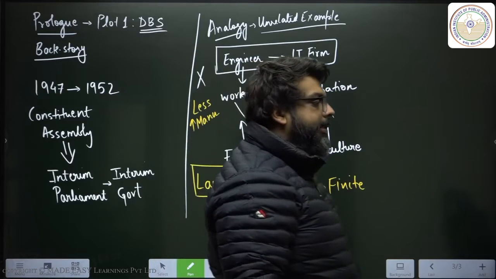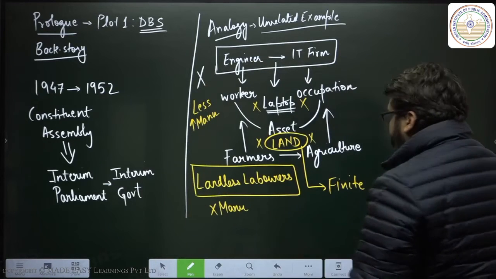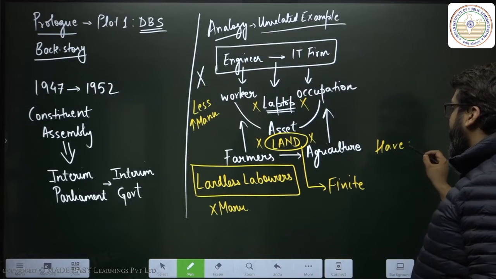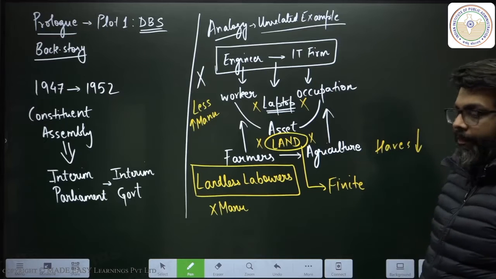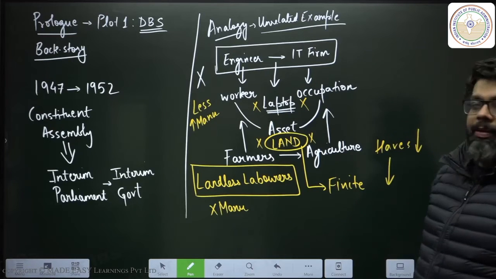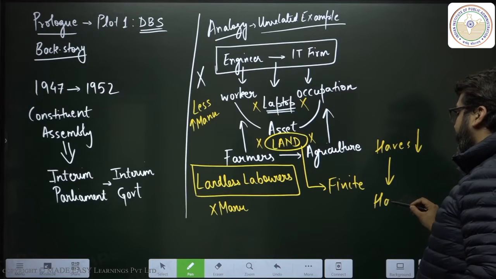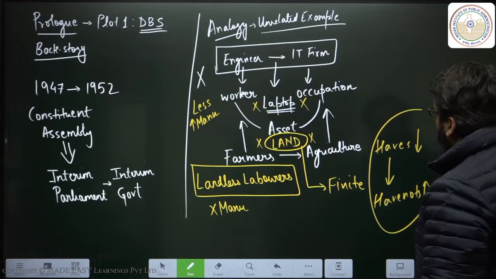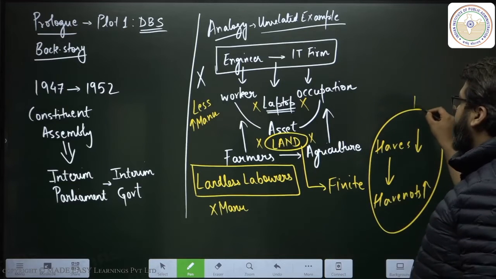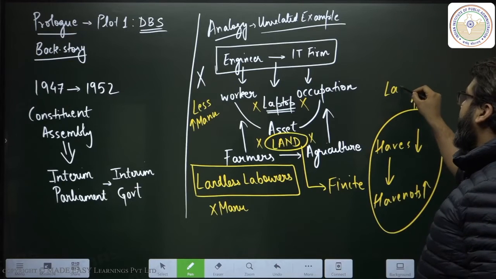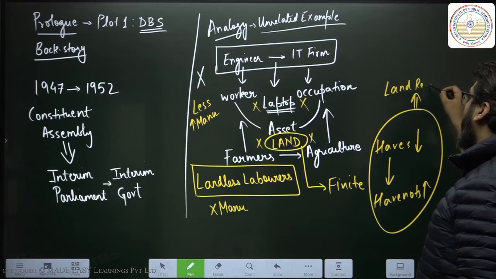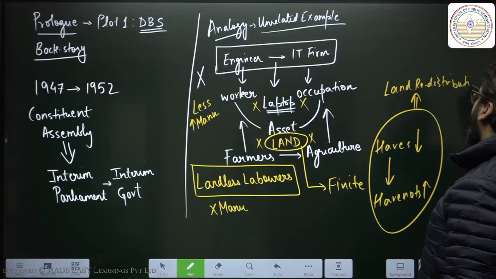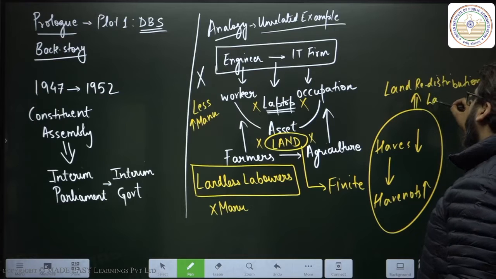It means the only option that you have is that from the people who have extra land, land must be taken from them and must be given to the people who don't have land, the have-nots. And this process becomes imminent and is therefore called land redistribution or land reform.